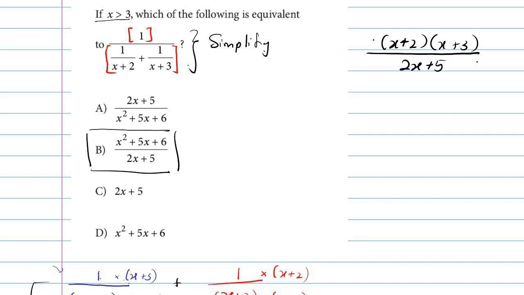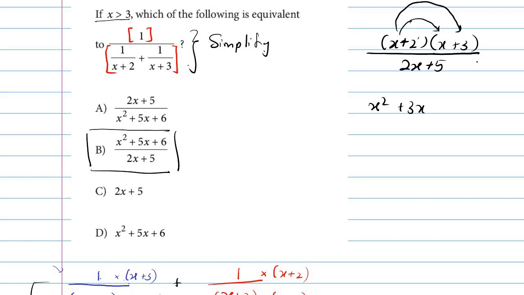So what we are going to do is we're just going to distribute the numerator. So what happens when you distribute the numerator? We are going to get x times x, that's x squared, x times 3, 3x.